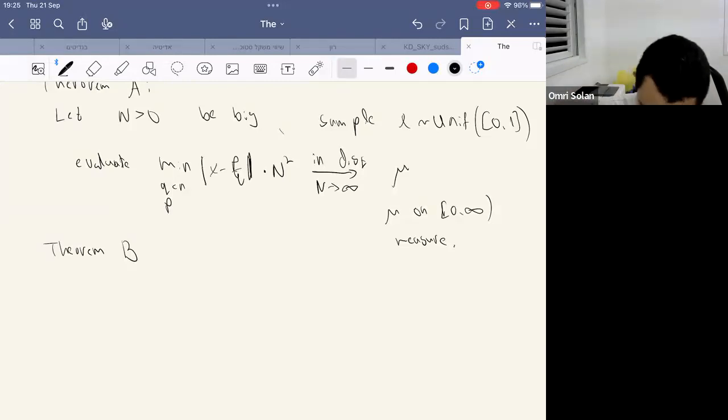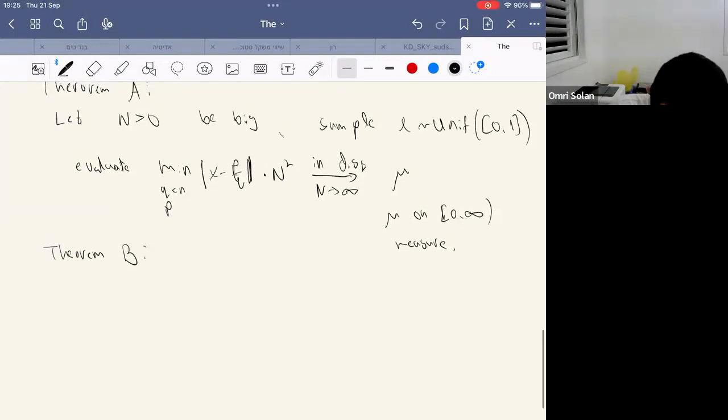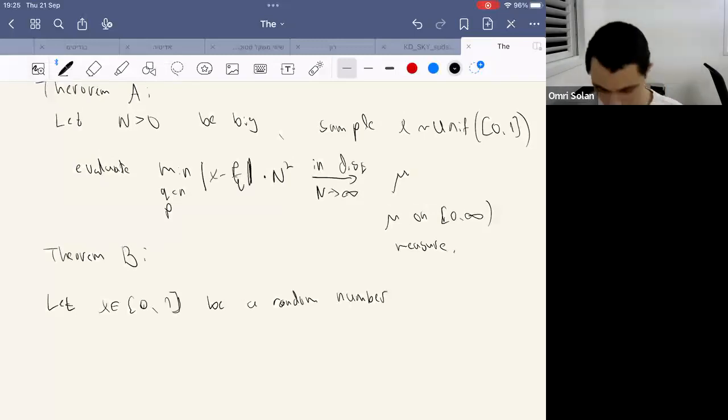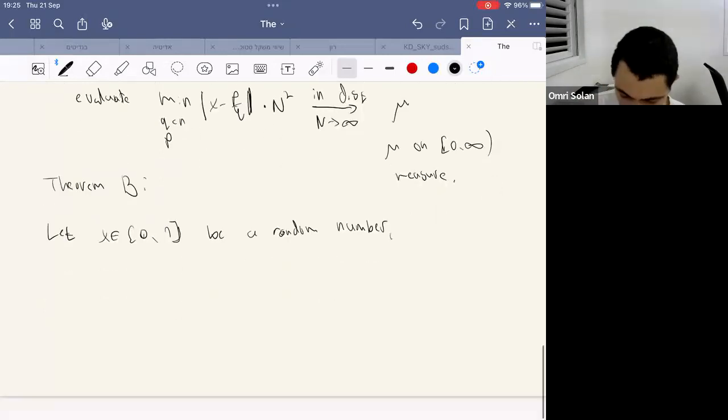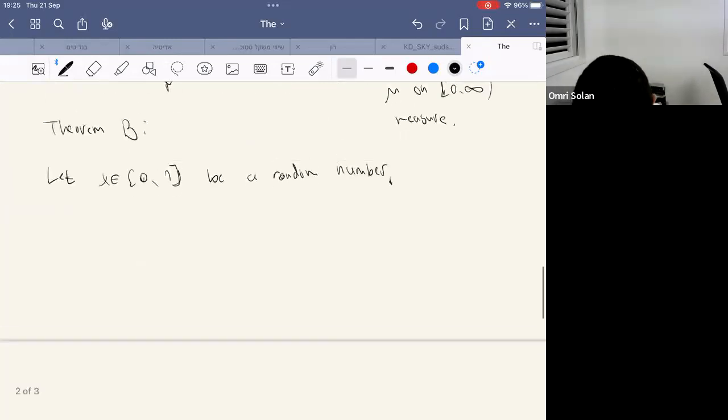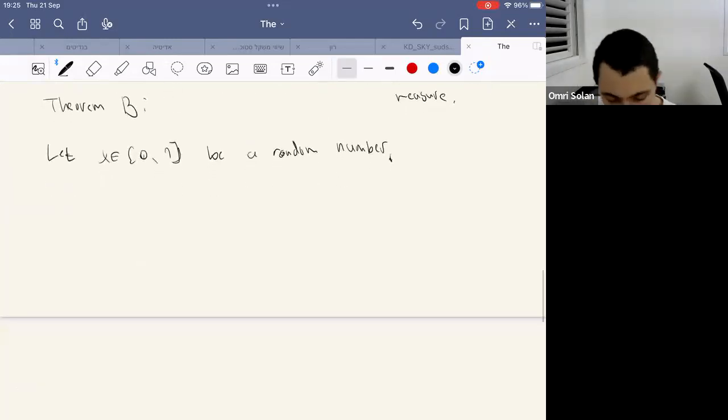So let x inside [0, 1] be a random number. Now we'll try to approximate it for many different n's.